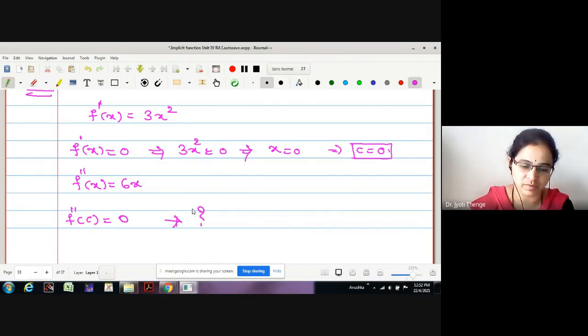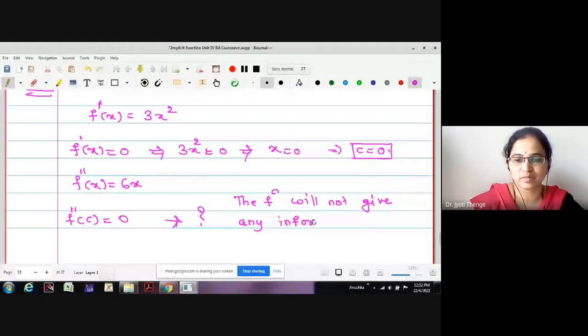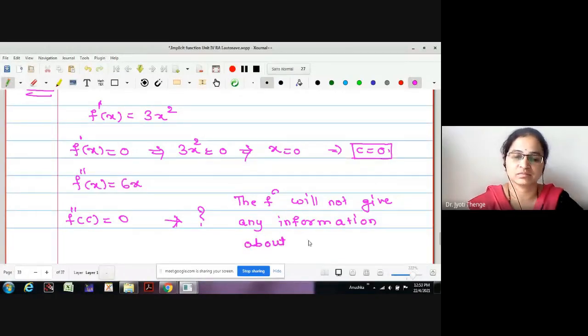Maxima or minima? The test will not give any information about maxima and minima.